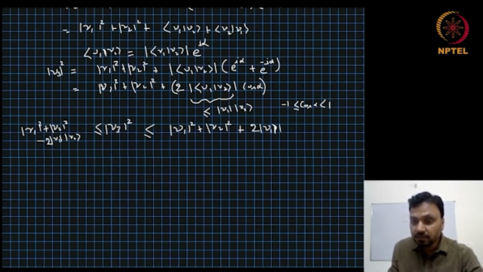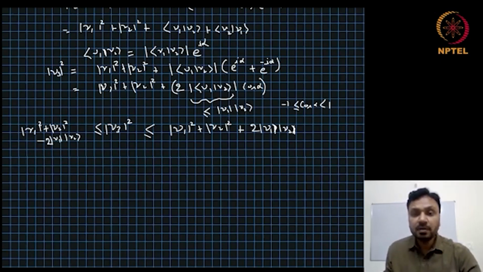What we have done here is, cos alpha has a maximum value of +1. If we take that maximum value and replace |⟨v1,v2⟩| with |v1| times |v2|, then this quantity is always greater than |v3|². And if cos alpha is negative, with maximum negative -1, then we replace it likewise and get the lower bound on |v3|².